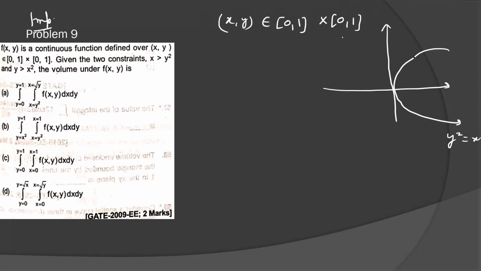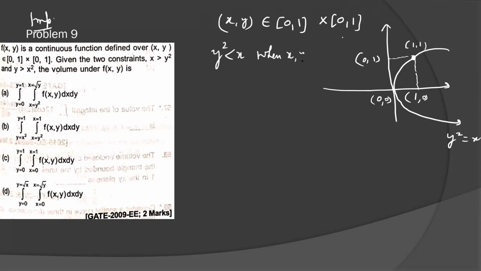If you take up to 1, I am taking the rectangular region. This region is actually your square region, 0 to 1 by 0 to 1. This is your 1 comma 0. This is your 0 0. This is your 0 comma 1. This is your 1 comma 1. When x and y both are between 0 and 1, and in this parabola y square equal to x, you are taking y square less than x.